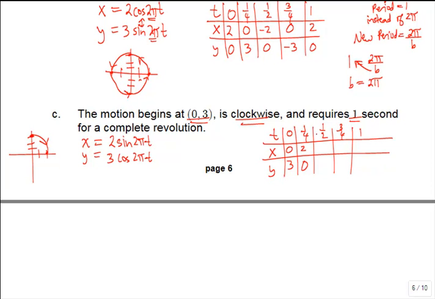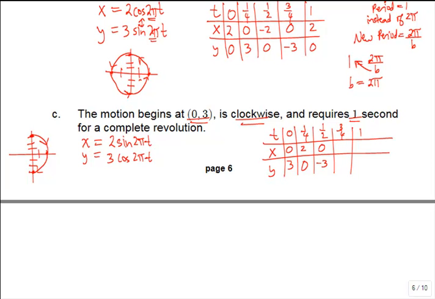If I let t be a half, 2 pi times a half is pi, sine of pi is 0. Cosine of pi is -1 times 3 makes this -3. So 0, -3 would be down here, and we're moving again in this clockwise direction. If t is 3/4, 2 pi times 3/4 is 3 pi over 2.